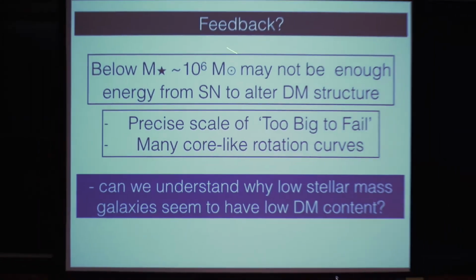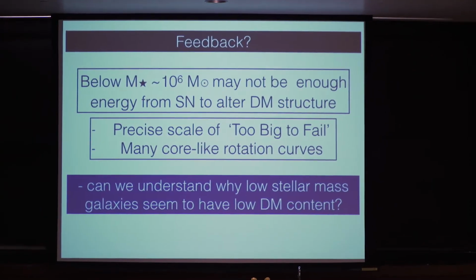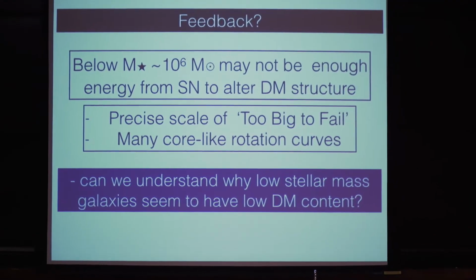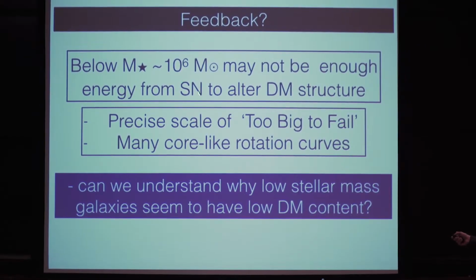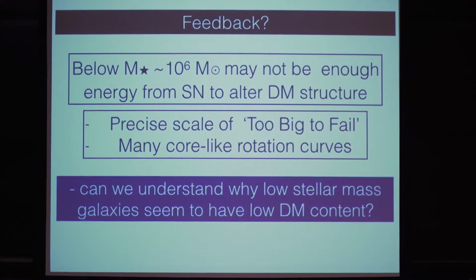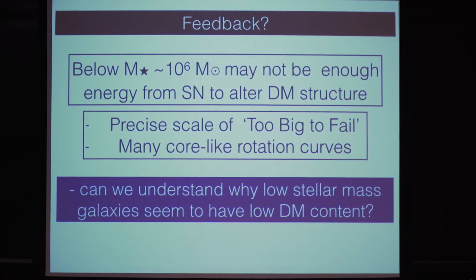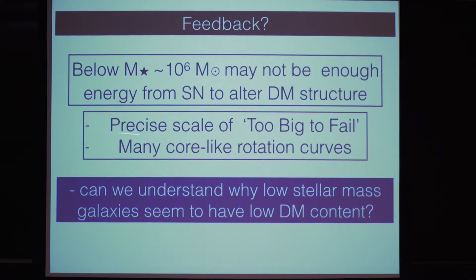So, one kind of broad picture, and this isn't written in stone, but this is qualitatively where people are now. Below stellar masses of about 10^6, there might not be enough energy from supernovae to alter dark matter structure. This is interesting because this is the mass scale of too big to fail. And it's also a mass scale where you do see some core-like rotation curves, although it's sort of at the line.